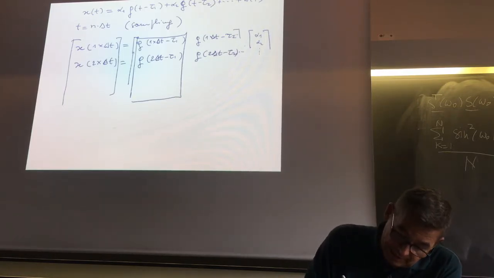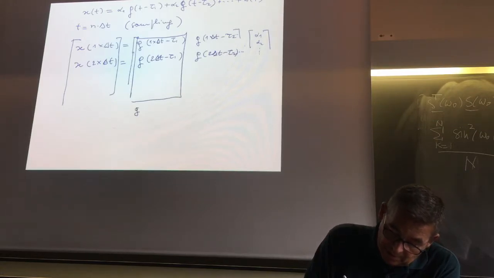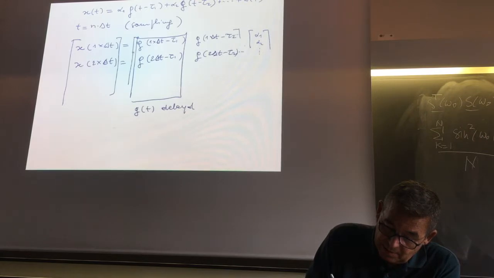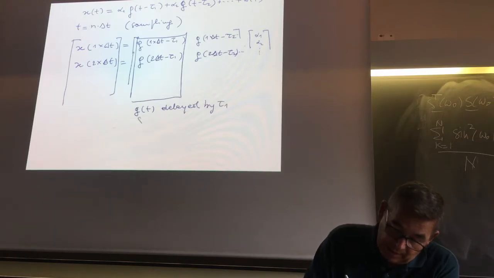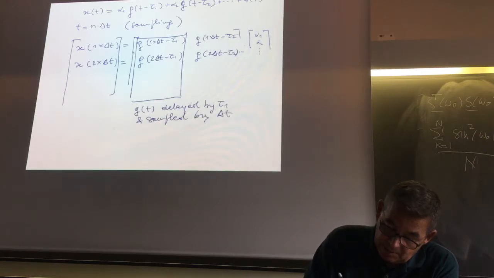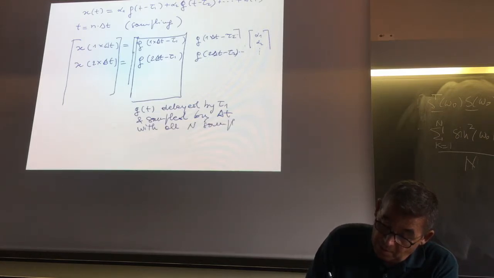So this one is g of t delayed by tau 1 and sampled by delta t with all n samples arranged into a vector.